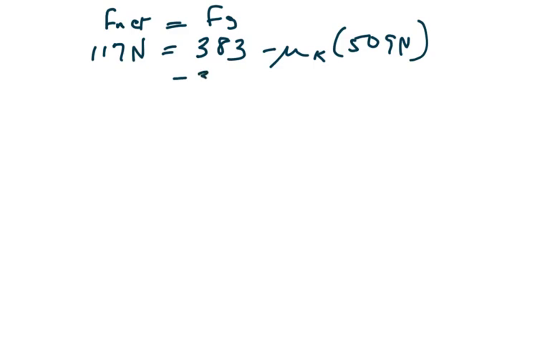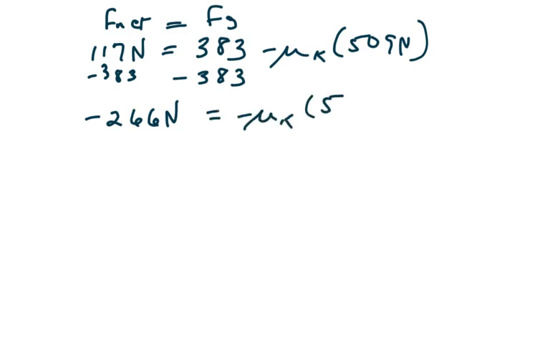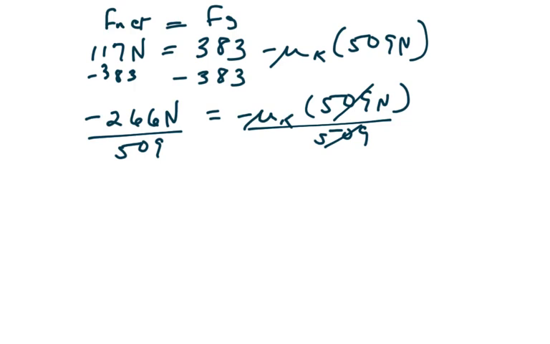So subtract 383 from both sides, and you get negative 266 newtons is equal to negative mu k times 509. Divide both sides by negative 509, and you get that your coefficient of kinetic friction in this case is 0.52.